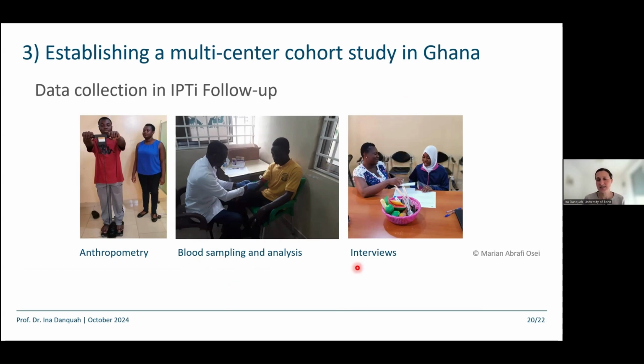And we also conduct a battery of questionnaire-based interviews, where we are in the first place interested in the dietary practices of our participants, but also basic demographic information, socioeconomic background, such as wealth or education, and other behavioral risk factors, including smoking or physical activity.